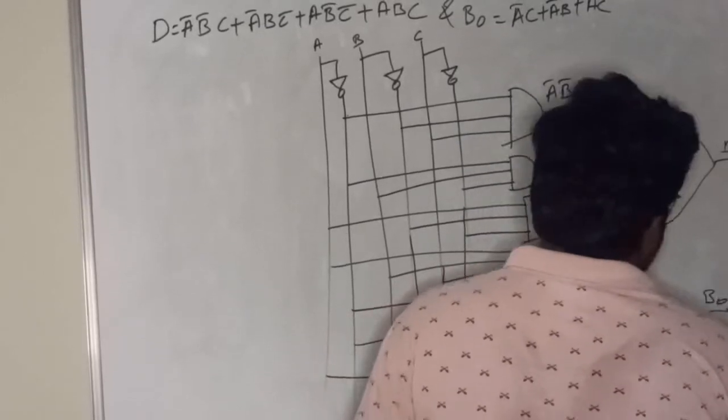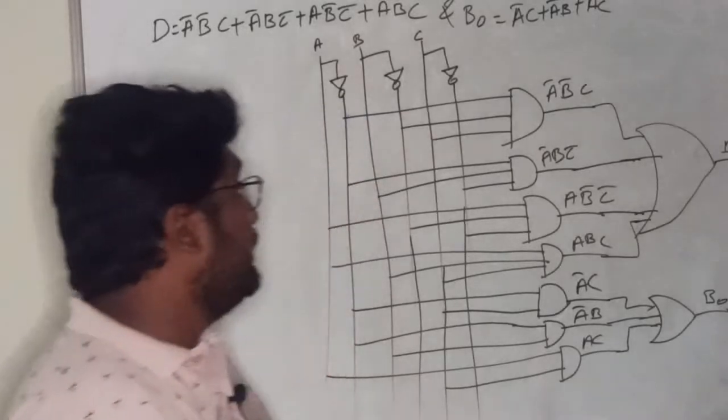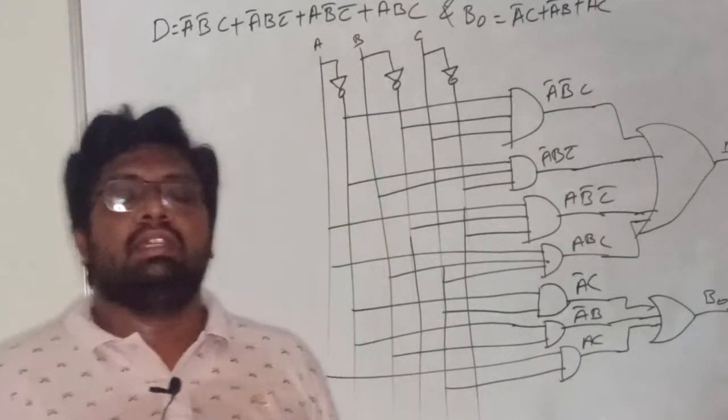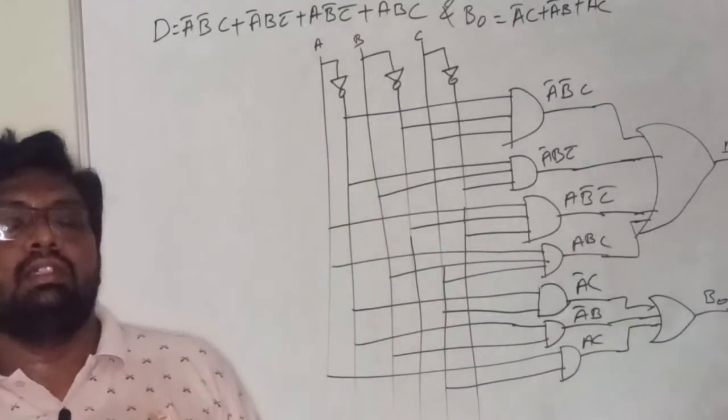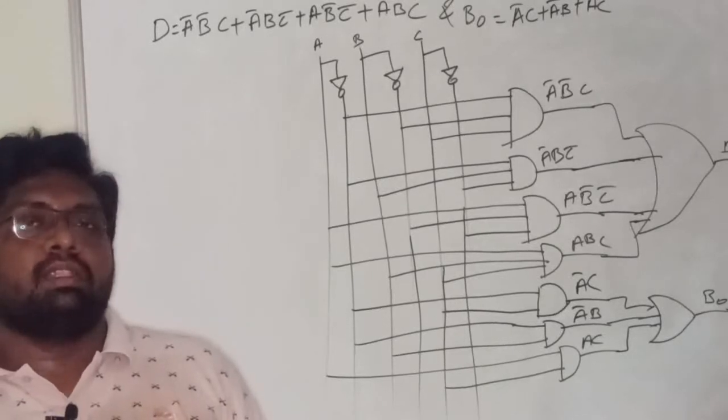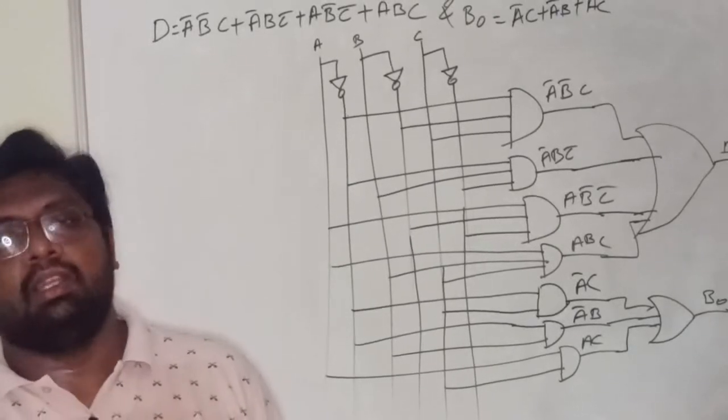So this is equal to B naught, that is the borrow. So this is the combinational logic circuit representation by using the basic logic gates.